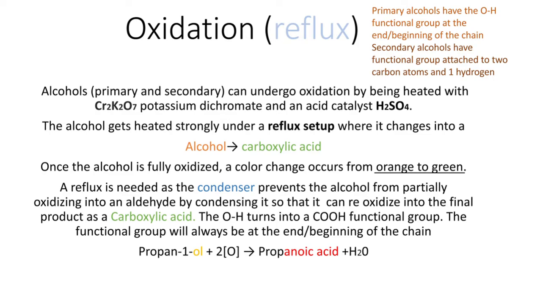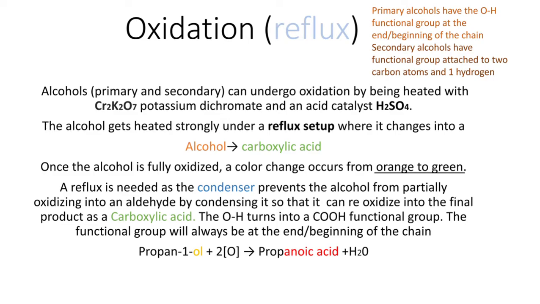A reflux setup is needed because it allows the alcohol to completely oxidize into a carboxylic acid, whereas the alcohol can partially oxidize into an aldehyde, and then it's condensed by using a condenser, and it reoxidizes so that it can form a carboxylic acid. In this reaction, there's a color change from orange to green, and when it changes from orange to green, we know that carboxylic acid has been produced.